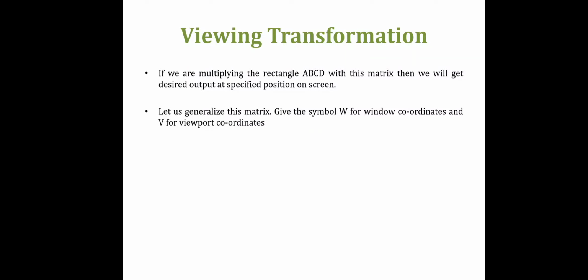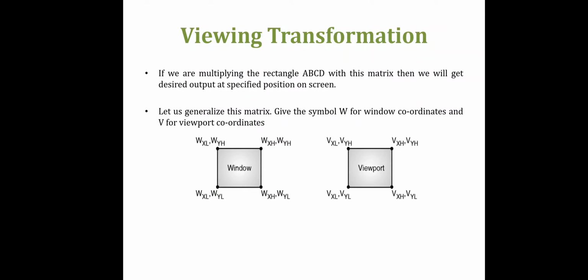Here we are using 2 symbols. The first symbol is W, which will represent the window, and the next is V, which represents the viewport coordinates. Now, here you can see this is the window we have, and this is the viewport.